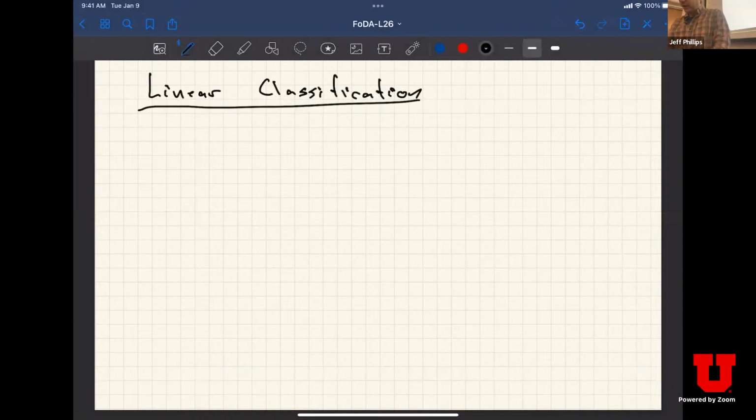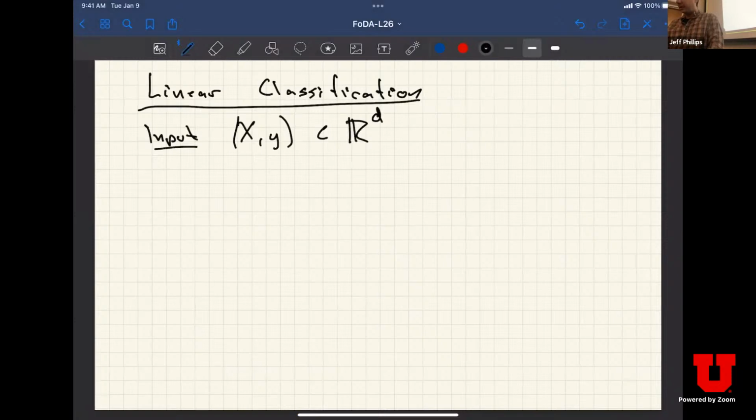The input here is going to be our set of pairs (x, y), which is a subset of R^D cross {-1, +1}. So the points in X are D-dimensional vectors, and the y values are in {-1, +1}.